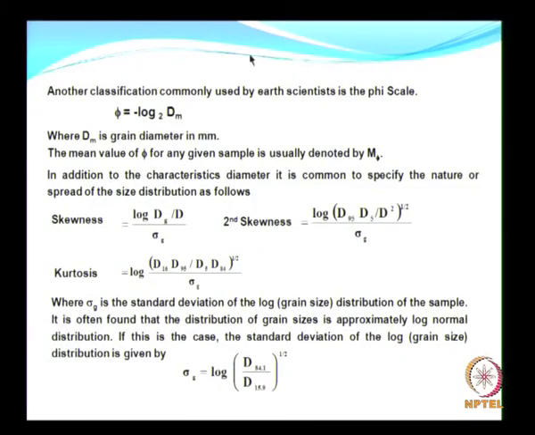For example, you have the skewness, kurtosis, etc. And in kurtosis all these variables are known to us except sigma g, which is the standard deviation of the log distribution of the sample, and this sigma g is obtained by this expression as you can see here.